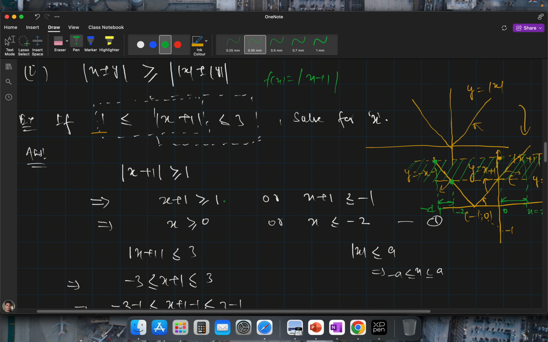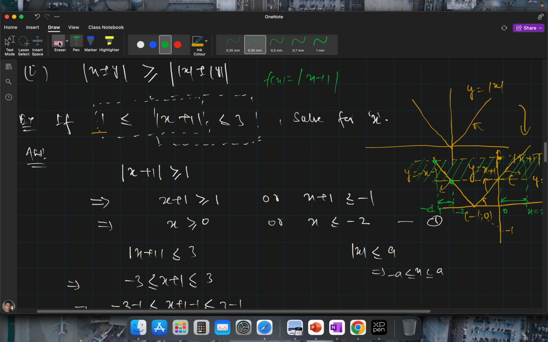All real numbers. What is the definition of domain? Domain says for such x where the function is defined, that's it. But in the case of mod of x plus 1, there is no such violation.